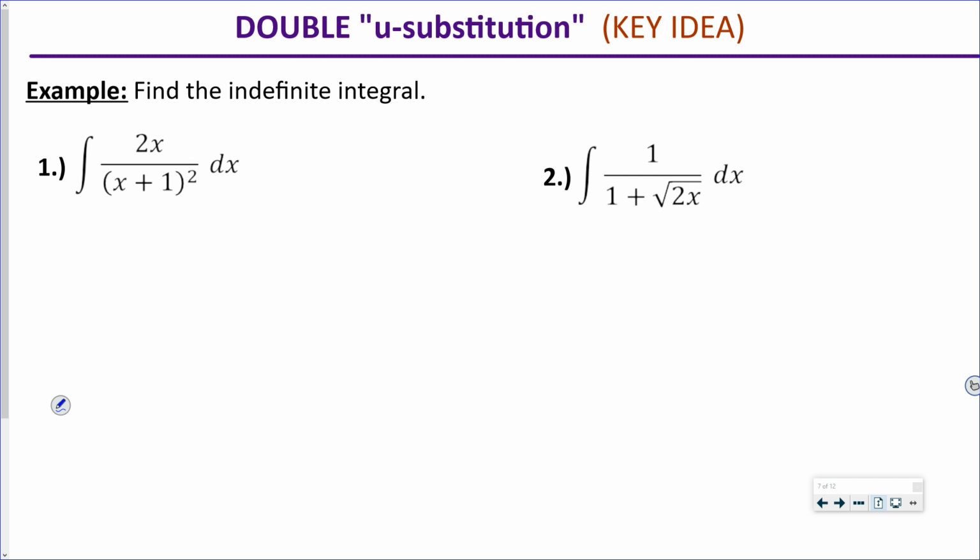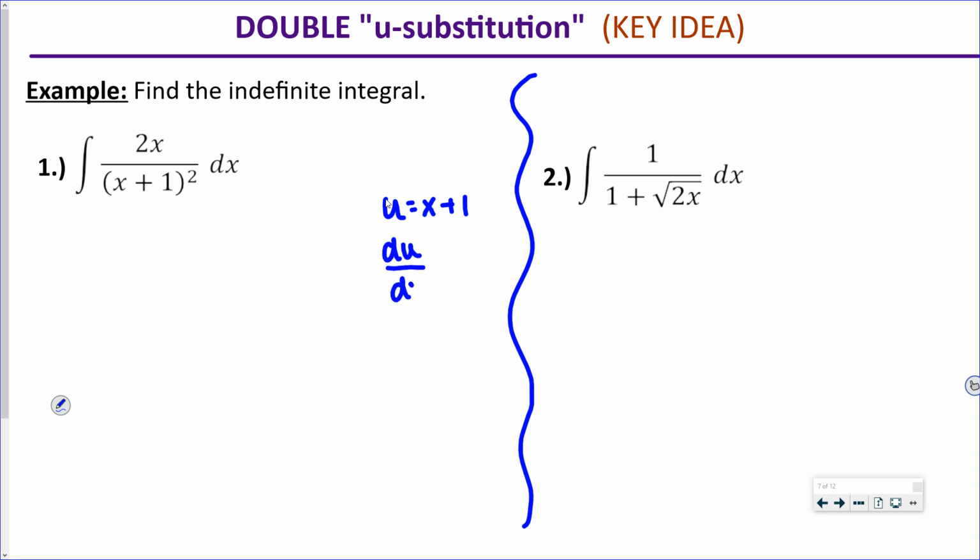Oh yeah, much cozier. Okay, so what we'd probably first try is letting U be x plus 1. And I would do my normal du dx is 1, so du is the same as dx.